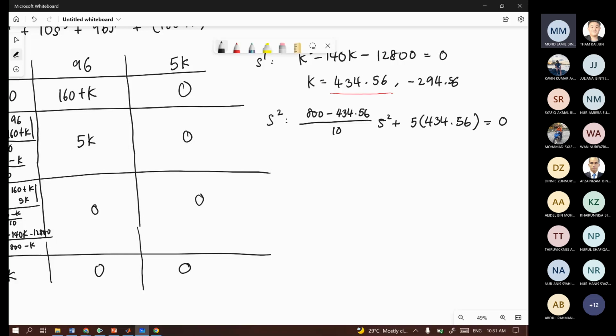Then you get S equals plus minus 7.71j. Okay, so this is the j omega axis crossing, and this is the gain at the j omega axis.